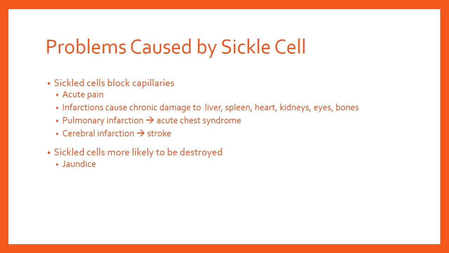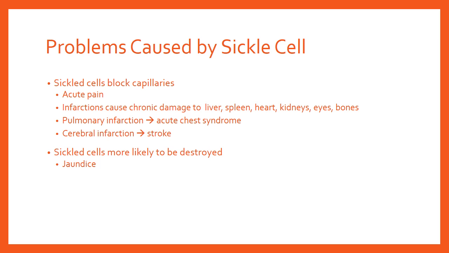Infarctions, again, will cause damage to most of the vital organs, and it's somewhat related to diabetes damage, but of course the mechanism is completely different. But this is also end organ damage, and diabetes of course doesn't affect everything to this extent.